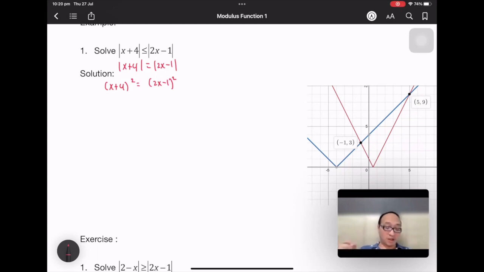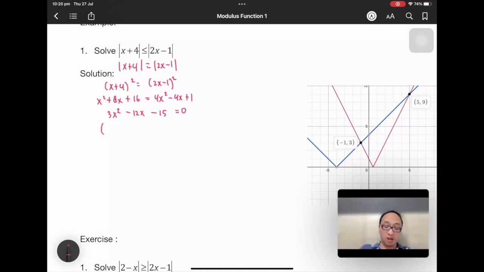And I can expand this: x squared plus 8x plus 16 equals 4x squared minus 4x plus 1. And then I can simplify: 3x squared minus 12x minus 15 equals 0.